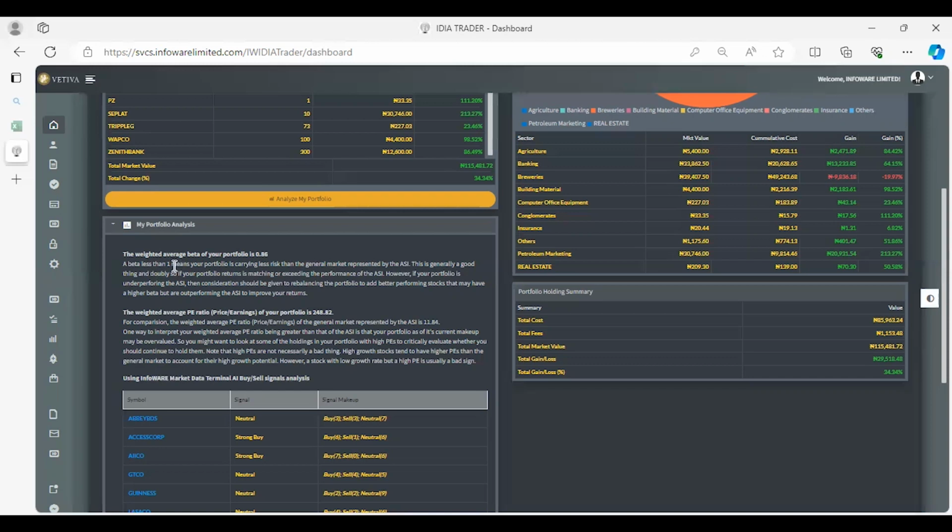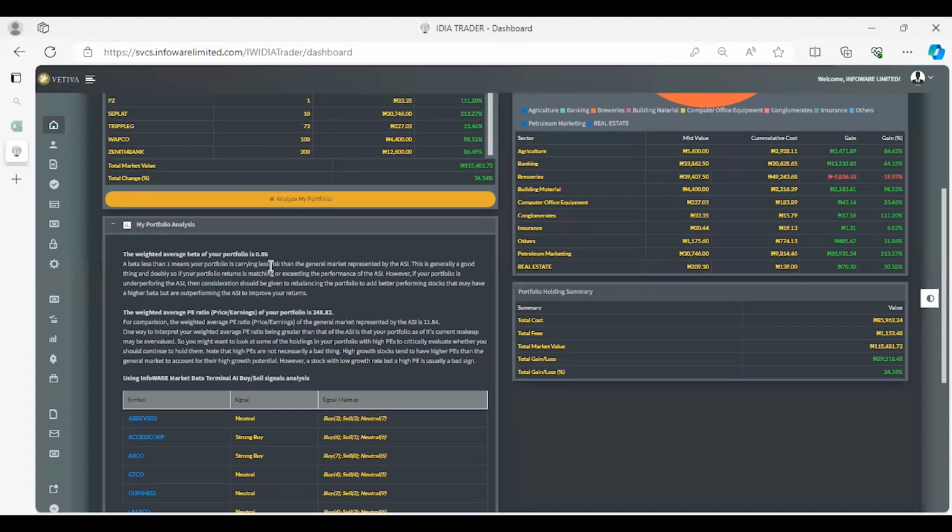So what it is saying in essence is that you have a beta of less than 1, which means your portfolio is carrying less risk than the general market, represented by the ASI, which is the All Share Index. So it's telling you that this is a good thing, right? And you probably exceeded the performance. Basically it explains to you what a beta means, right?